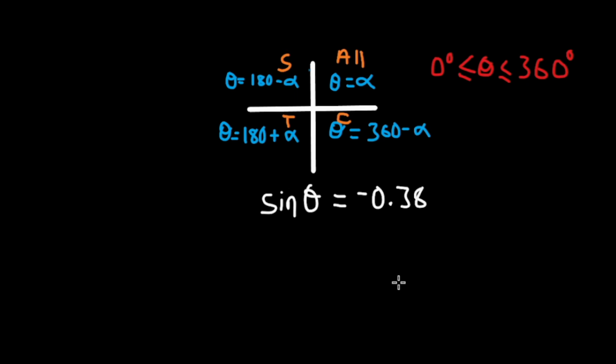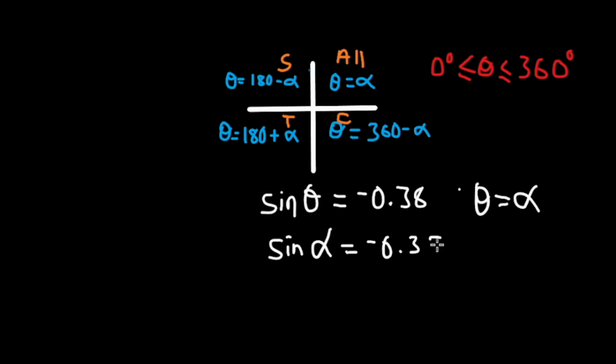So if we want to solve for theta again, we say let theta be equal to alpha. Then we're simply going to have sine alpha being equal to negative 0.38.